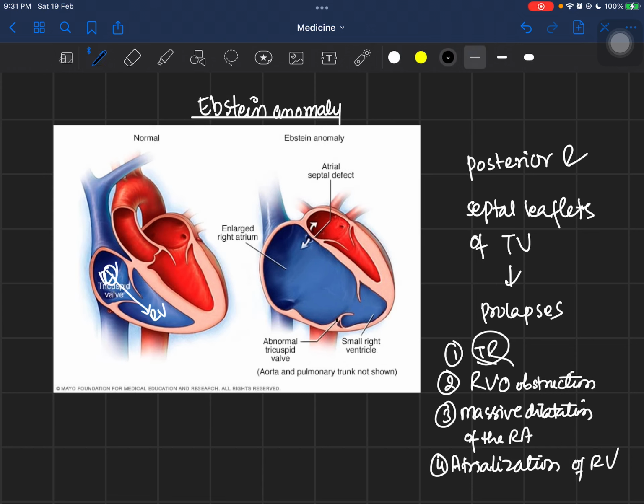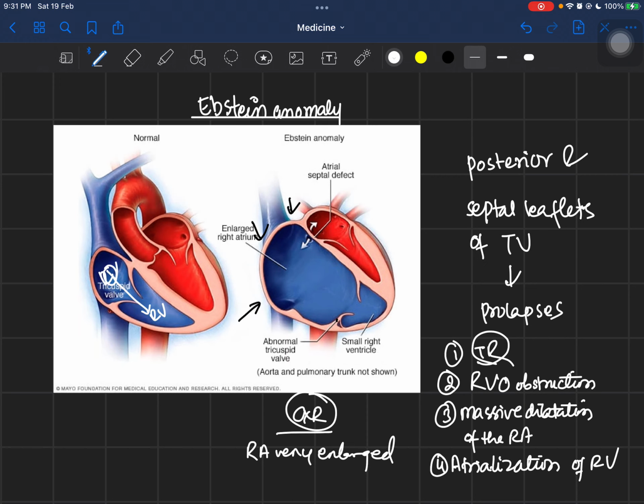Now what would be an expected X-ray finding in this patient? When you do a chest X-ray, you can already see that the right atrium is very dilated, very much enlarged.